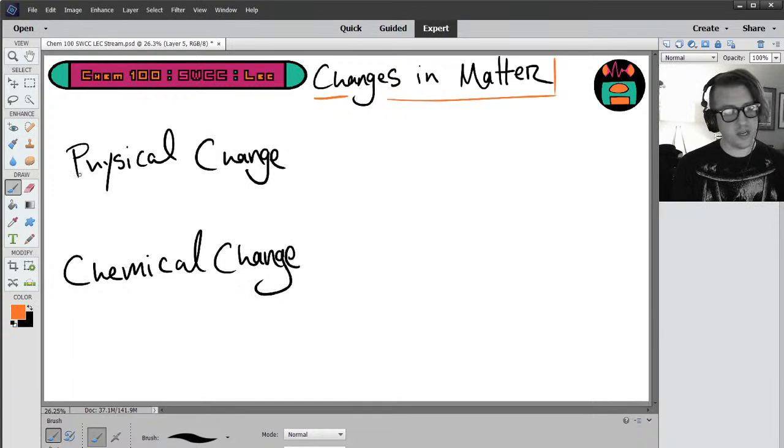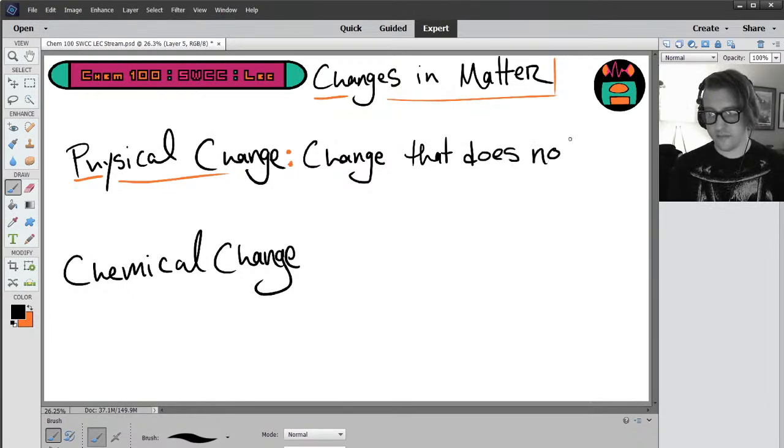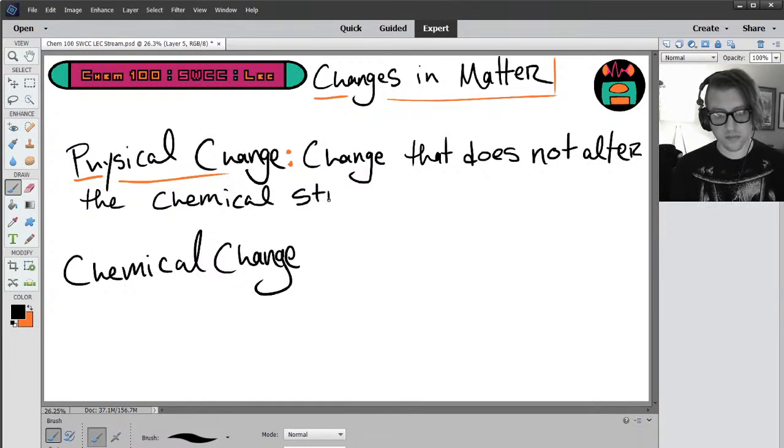All right, now physical change is any change that does not alter the chemical structure of matter.